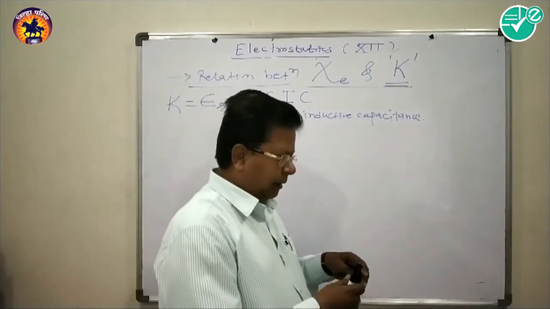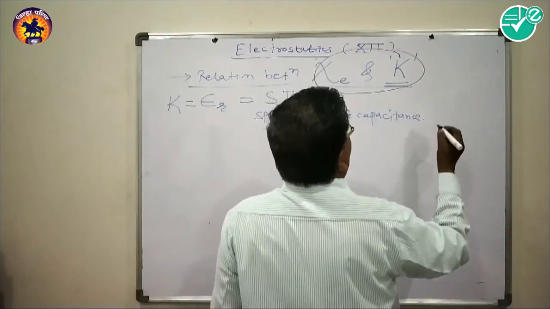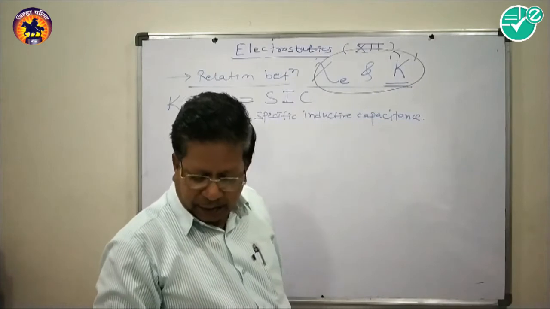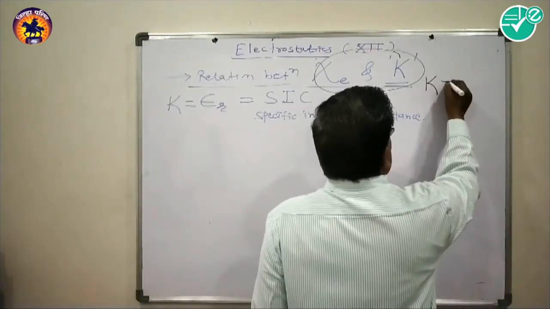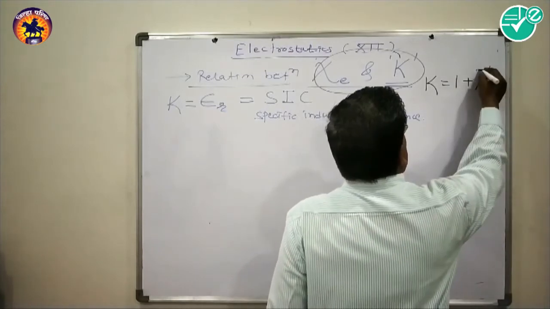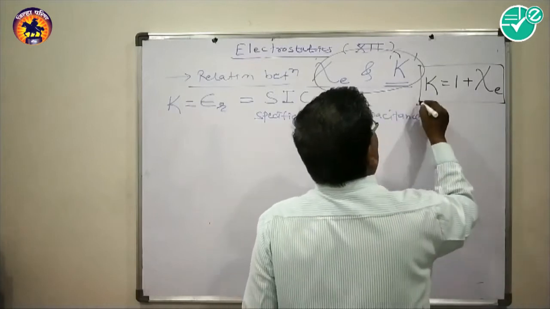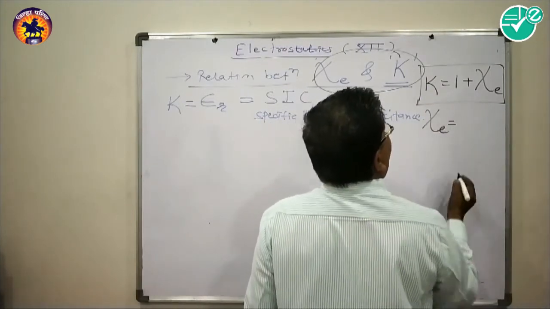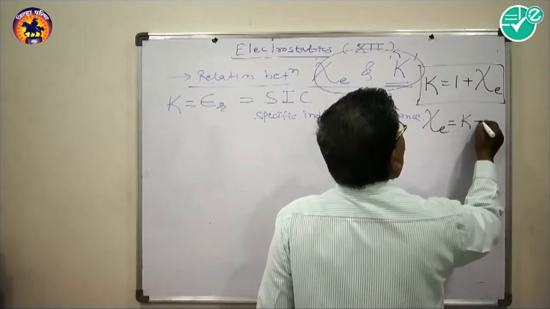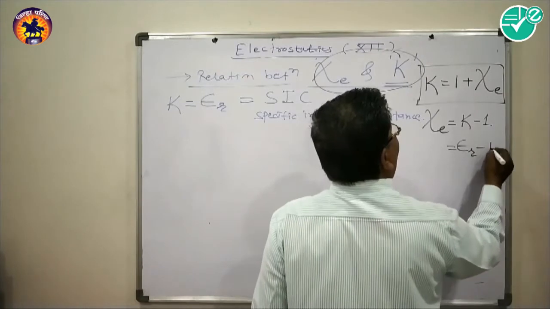The relation between these two is K is equal to 1 plus Chi E. Or from this equation, the electrical susceptibility Chi E is equal to K minus 1, which is equal to epsilon R minus 1.